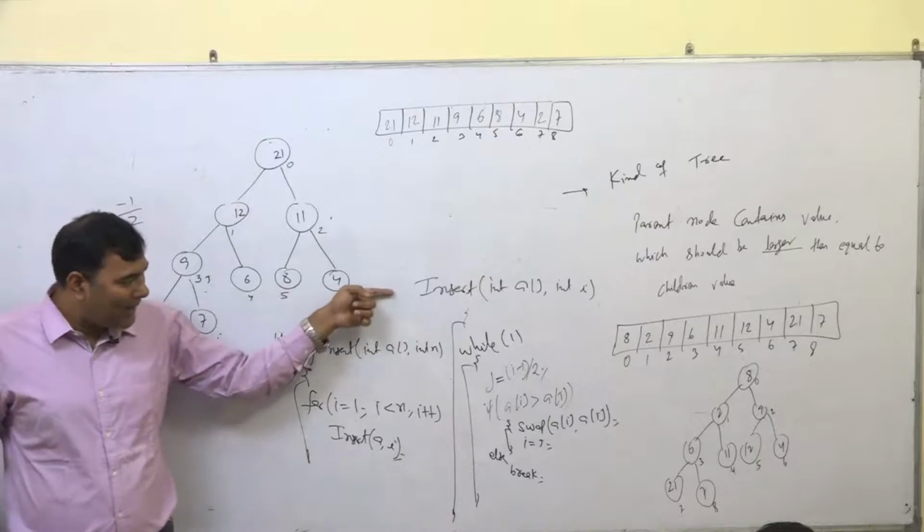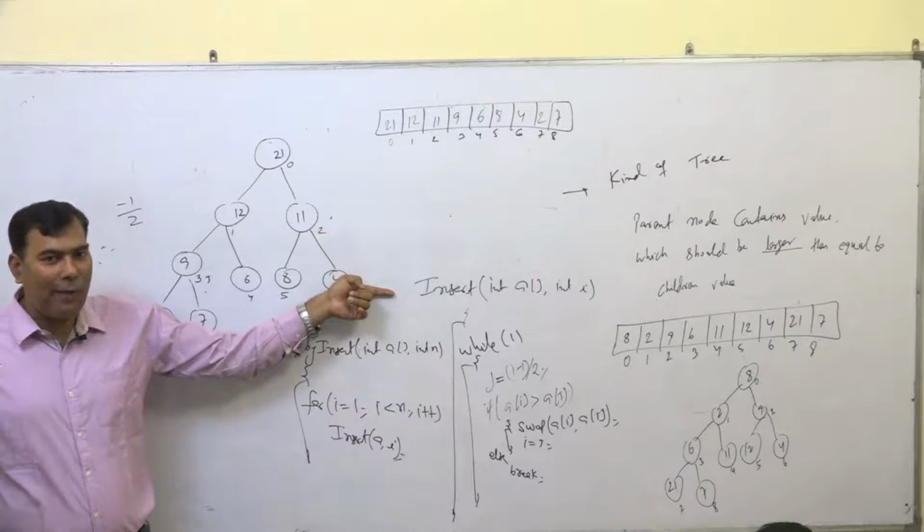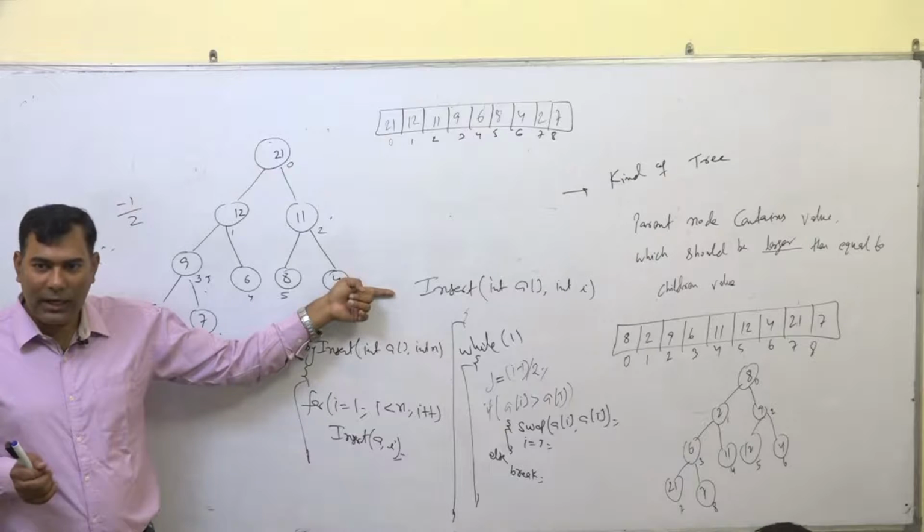If we are able to find the time complexity of one insert, it means that we can think about n inserts. Clear?